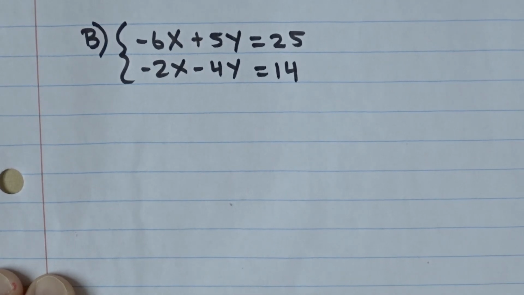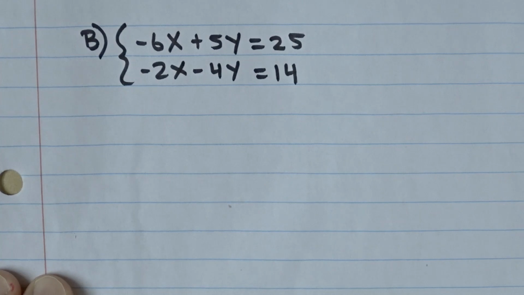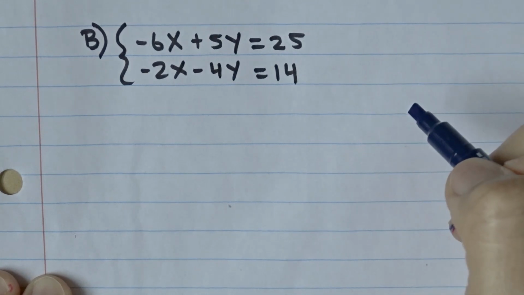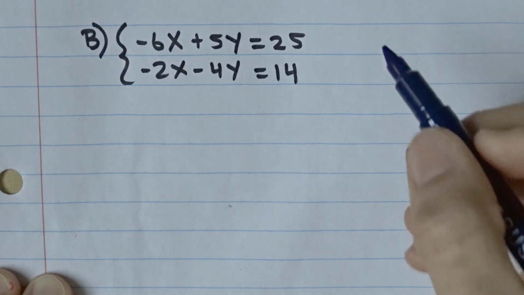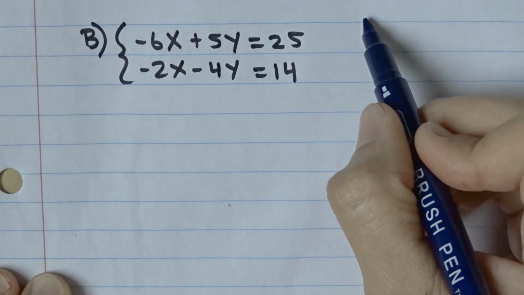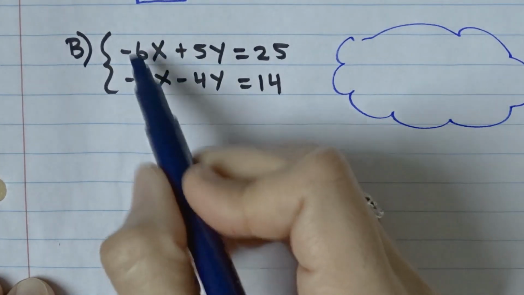And this time, we can't really see a 0 happening anywhere. So now what you want to do is you want to think about what would be your least common multiple, just like we used to think about what would be your least common denominator. So if you want to just think about the coefficients being your denominator.